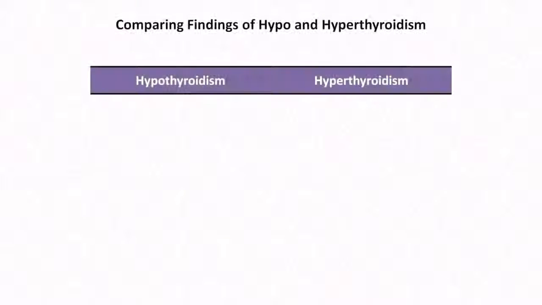You probably noticed some strong parallels between the findings of hypo and hyperthyroidism. I'm going to highlight them because remembering that the two diagnoses have many opposite findings will help to remember each's presentation.